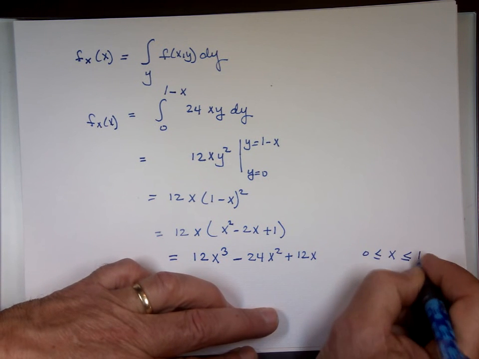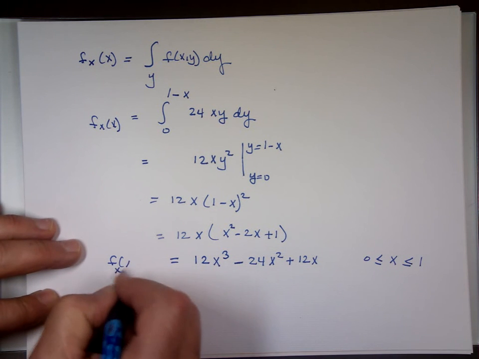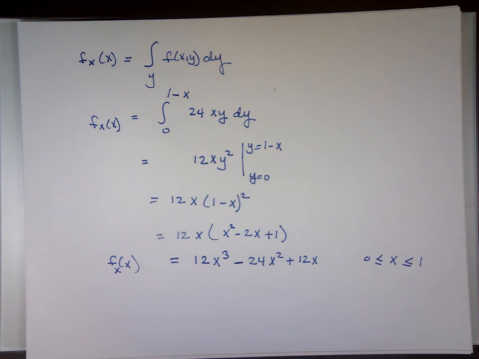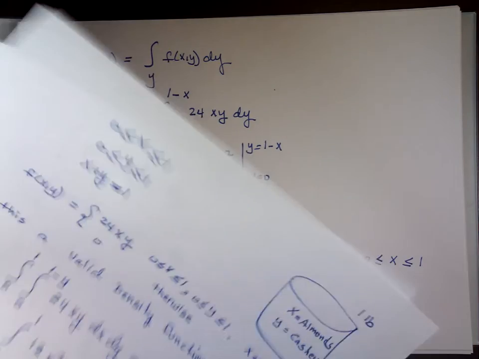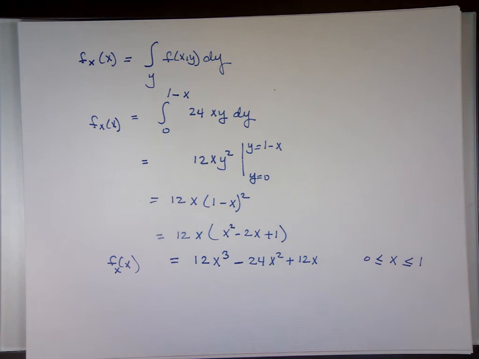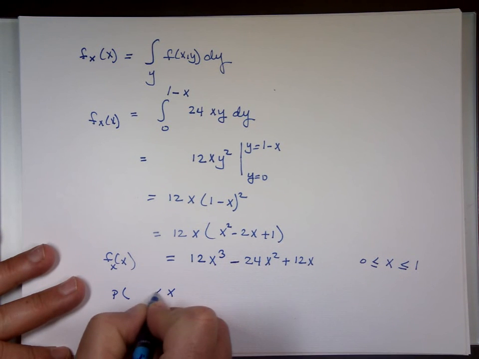X represents what here? I forgot. Is X the pistachios or the almond? Cashews or almond? Almond. Okay, X is the almond. So if you want to know the probability of having 50% almond or 30% almond, or between this number and that number, we can just plug it in. What is the probability that the amount of almonds will be between 0.2 pounds and 0.4 pounds?